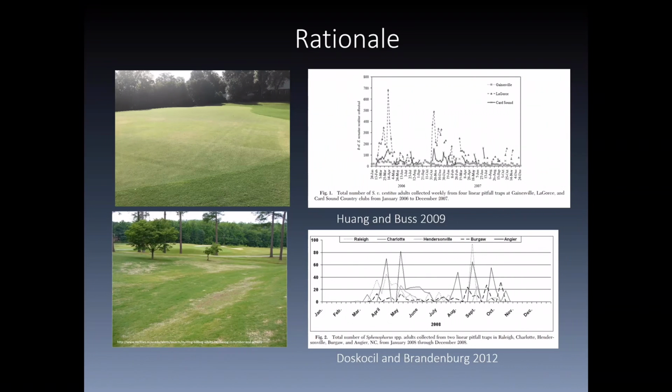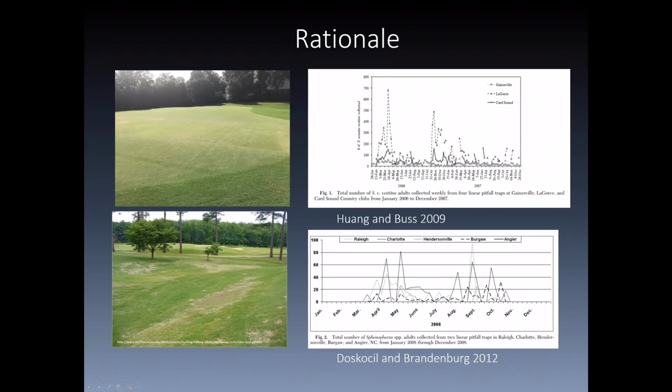Here, what you see is two papers published. The y-axis is the number of hunting billbugs, and this is looking at the phenology, when they are emerging. You can see there are multiple peaks over time through the year, for one year and another year.